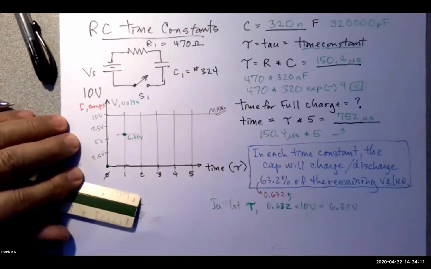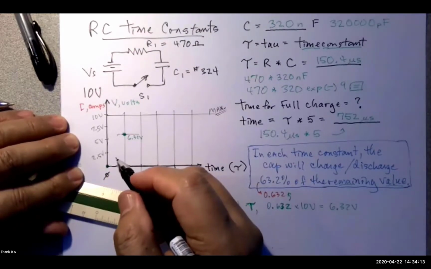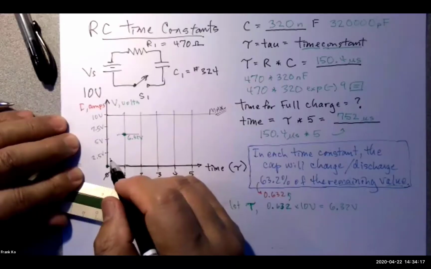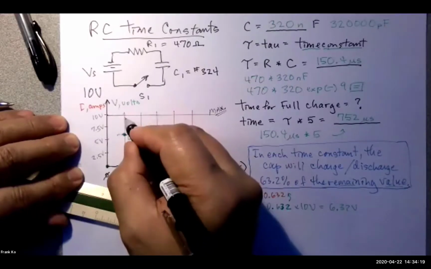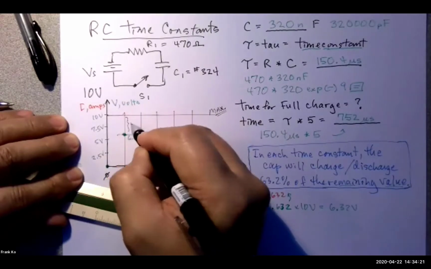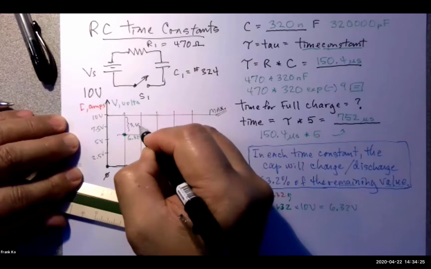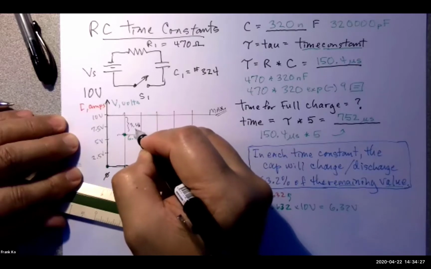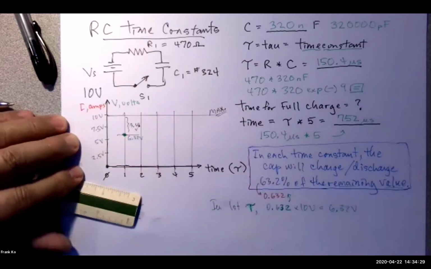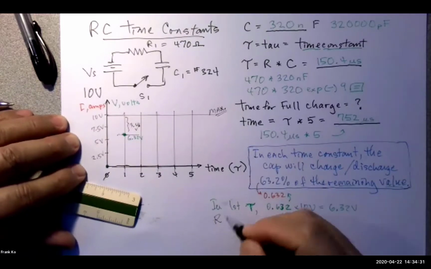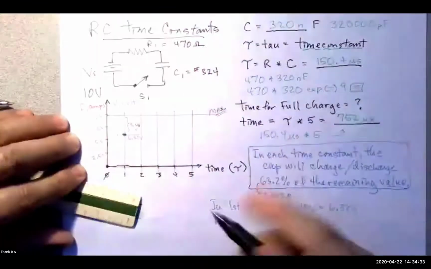What's 10 minus 6.32? 3.68. 3.68, right? So what's left right here is 3.68 volts. That's what's remaining. So remaining, I'll do some darker ink.